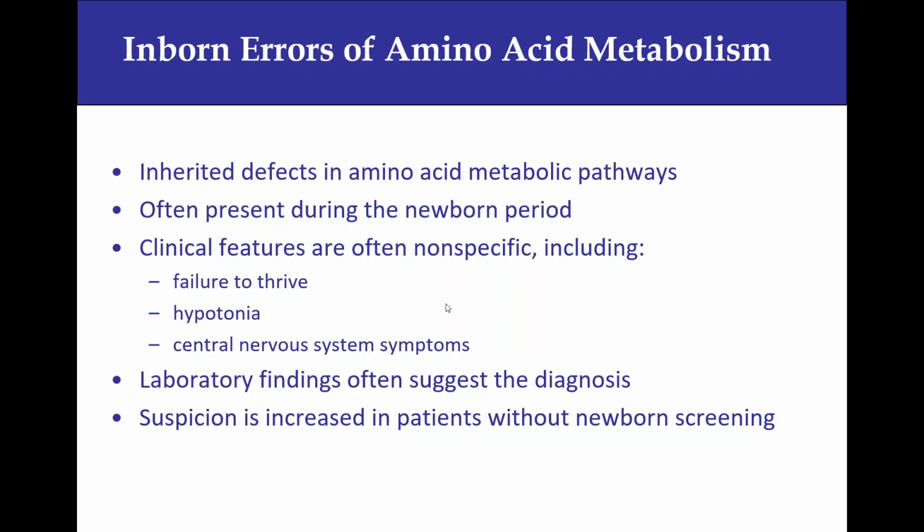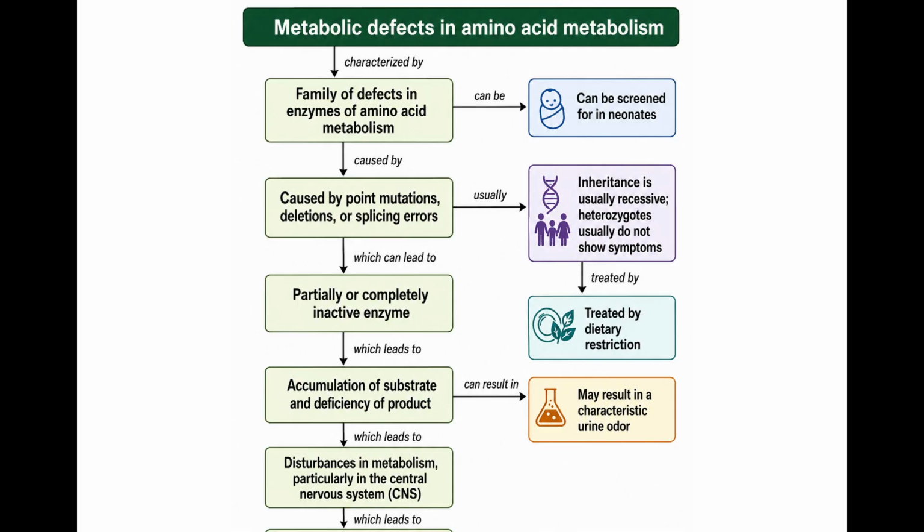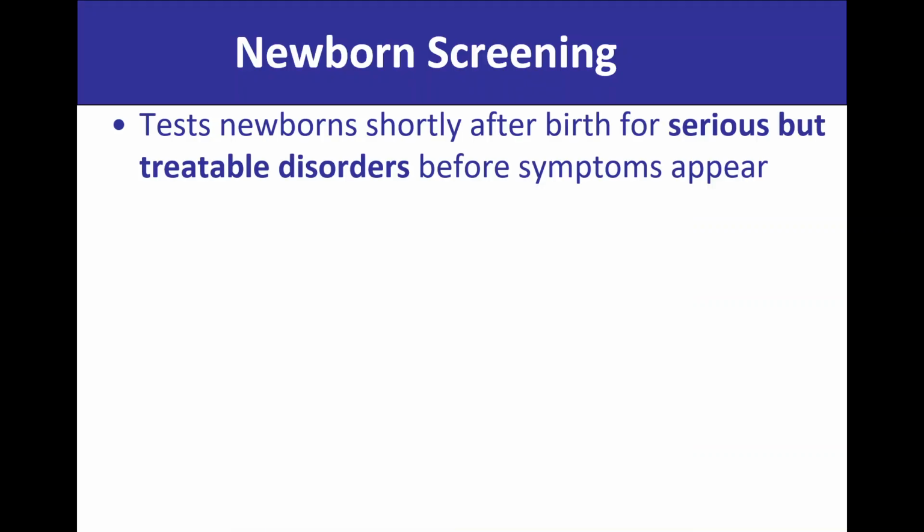So how are they diagnosed? By laboratory testing. And when do you suspect inborn error of amino acid metabolism? Mostly if there is no newborn screening. What do we mean by newborn screening? Genetic testing. You took it in genetics? Screening after birth. Yes. So let me explain it on this slide.